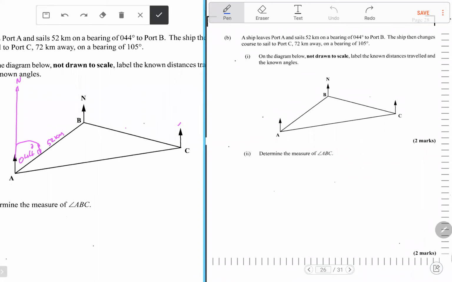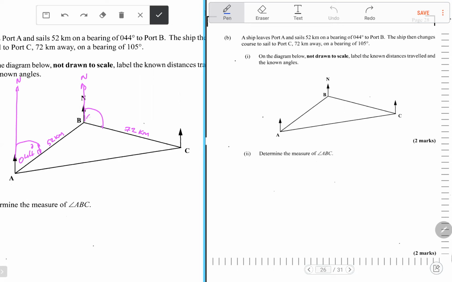So over here now it's 72 kilometers, and it goes on a bearing of 105 degrees. So again, I face north first right here, and the angle to which I have to turn to the right is 105 degrees.